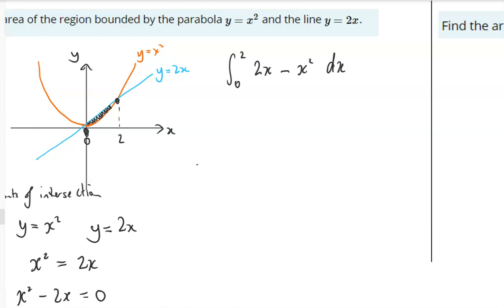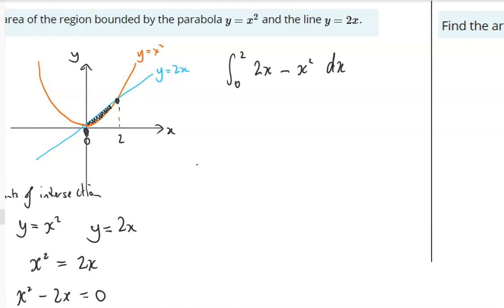Now, if you had done it the other way around, what do you reckon your answer would have been? Negative. And is that okay? Yep. You just take the absolute value because you just want to know the area. So it doesn't matter if you do it backwards. It just means you're going to get a negative answer. And I don't want you to freak out if you see a negative answer and go, oh my God, what have I done wrong?